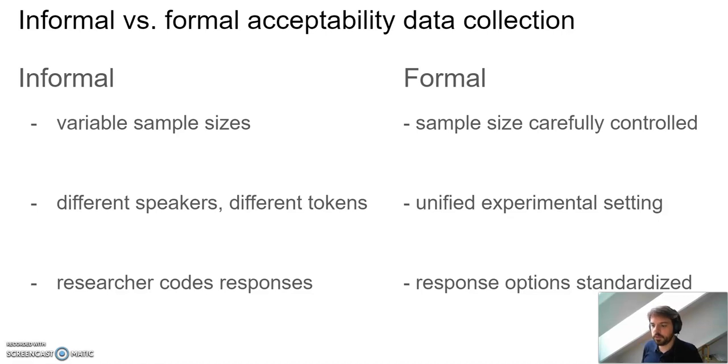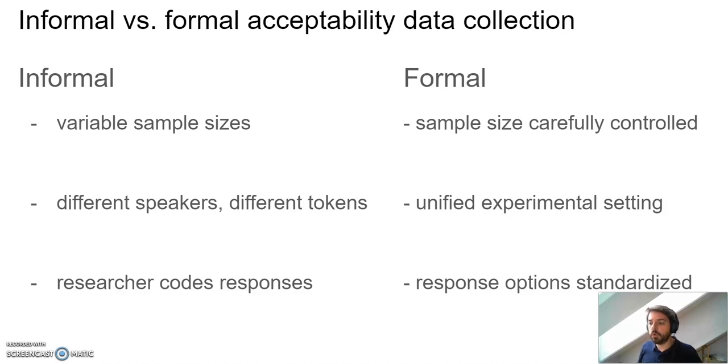I would have to put it on a scale or somehow else code it as an answer in order to make my data comparable. In a formal setting, you typically resolve this by already asking people to answer on a scale from 1 to 5, and then, as we'll discuss in the next presentation, you hope that all the people perceive the scale the same, but you don't have to code. You don't have to make any coding decisions when you are processing your collected data.